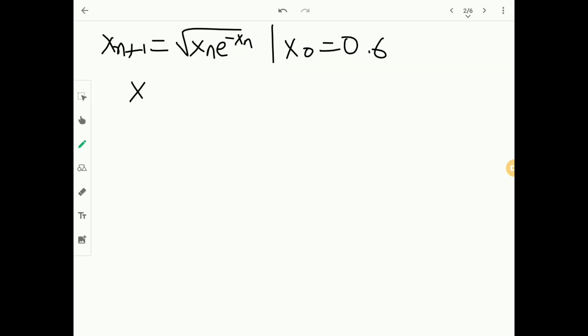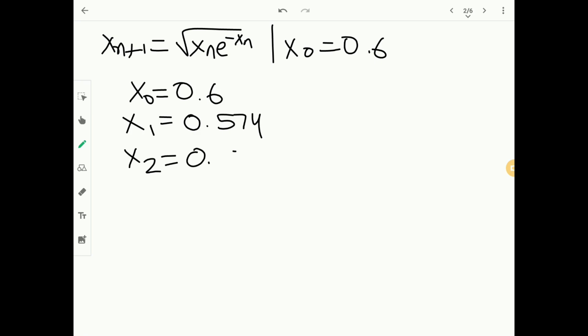So we have x0 equals 0.6. I believe you guys can easily substitute. All you have to do is 0.6 times e to the minus 0.6 and square root that, and you just keep substituting. So in this case it would be smart to take it to maximum 3 decimal places. As we can see here, the rounded value is 0.6 approximately, but it's better to be 100% sure.